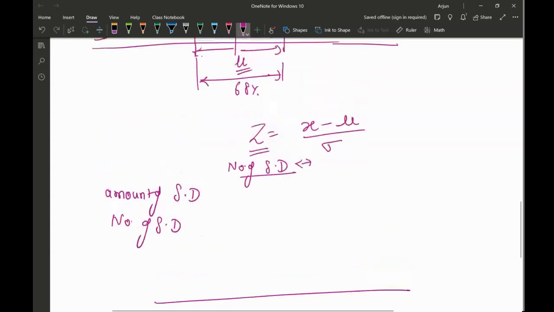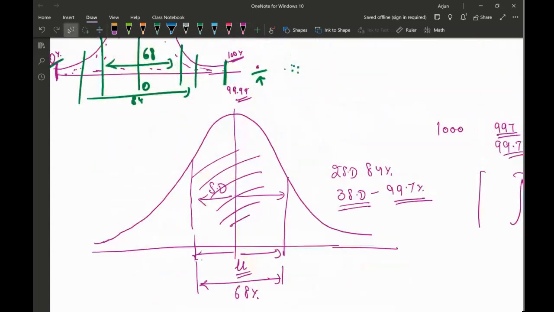So amount of standard deviation means, if I go back to the example that the mean height of an average Canadian man is 175 centimeters, and you go one standard deviation to the left and one to the right, and the amount of standard deviation is 3 centimeters, then you will reach 172 here and 178 here.